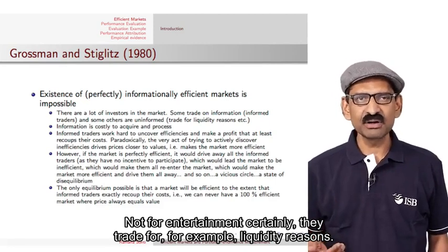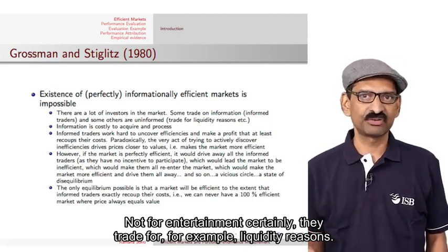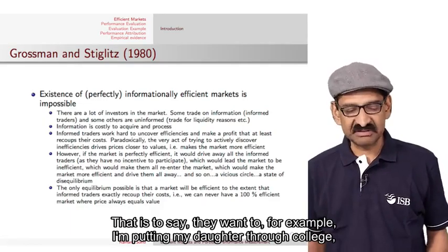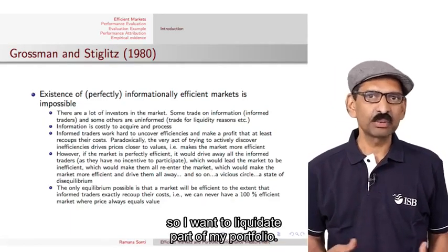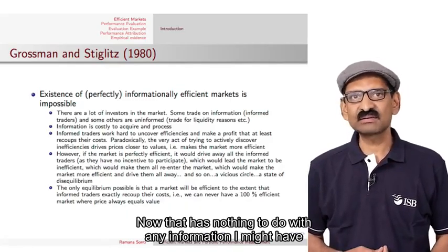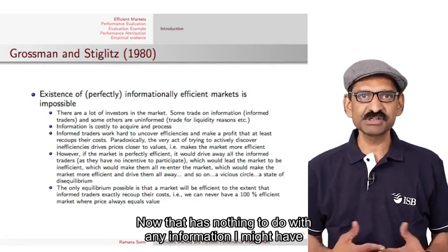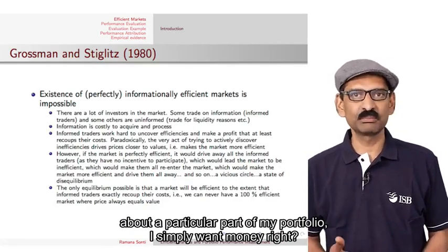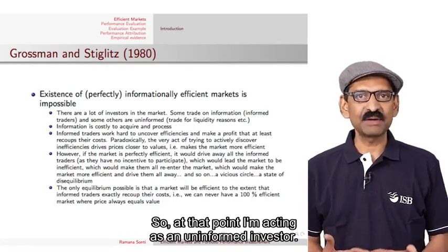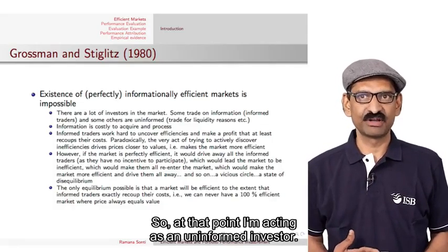They trade for, for example, liquidity reasons. That is to say, I'm putting my daughter through college, so I want to liquidate part of my portfolio. That has nothing to do with any information I might have about a particular part of my portfolio. I simply want money. So at that point, I'm acting as an uninformed investor.